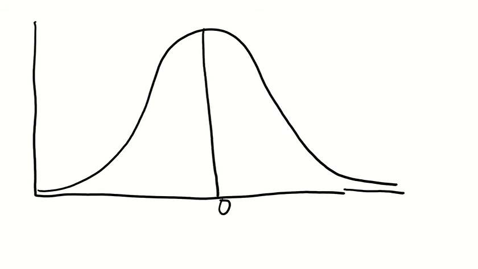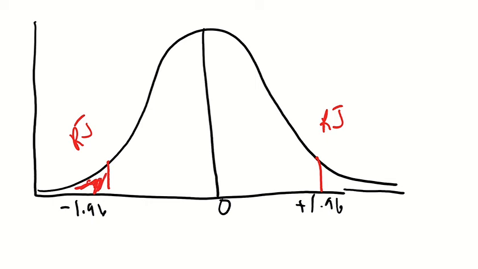Using our normal curve, our rejection region is negative 1.96 and positive 1.96. Anything within this rejection region out to infinity means that we will reject the null hypothesis.